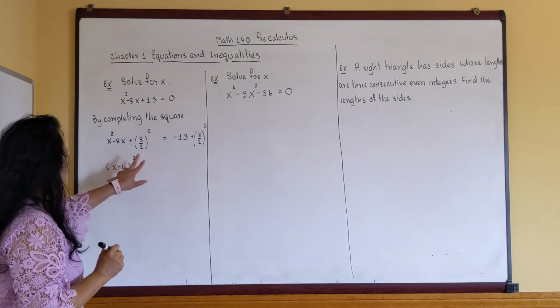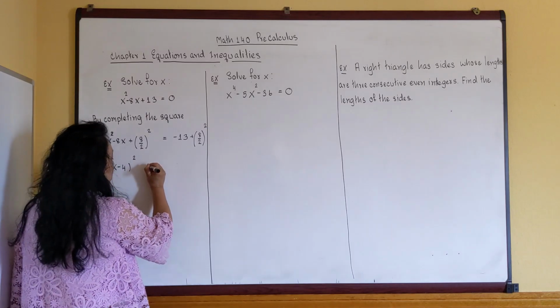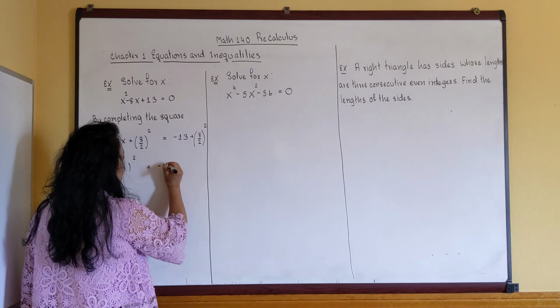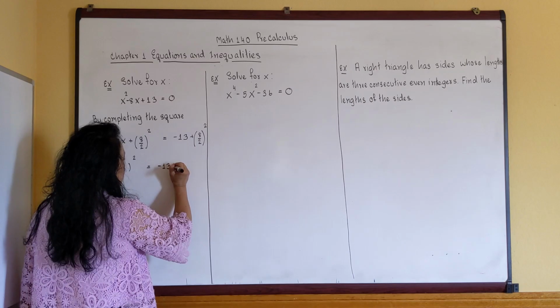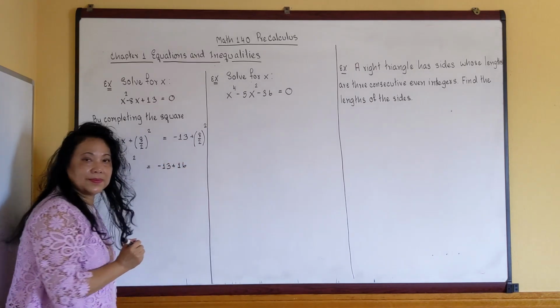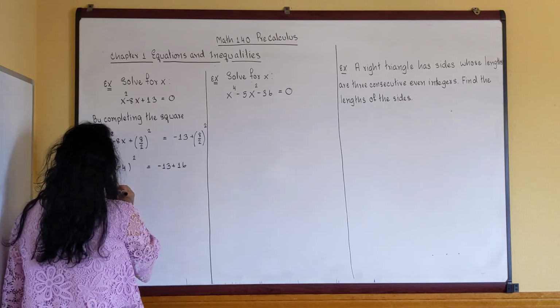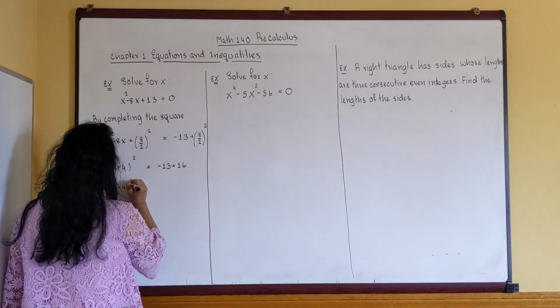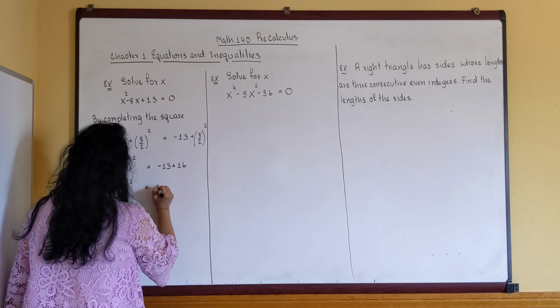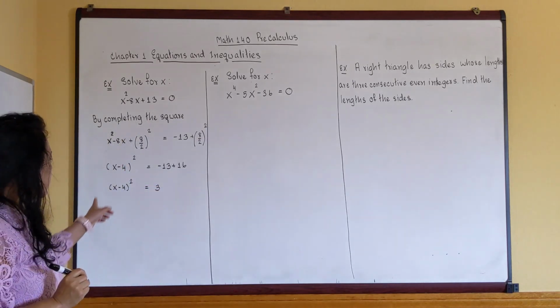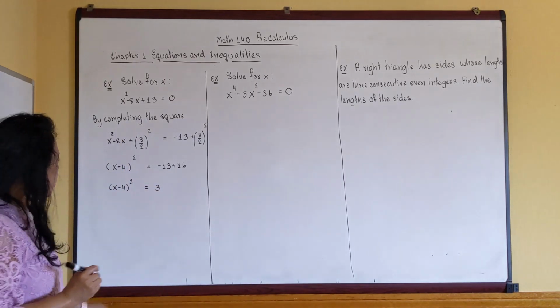You can check it, alright. So on the right hand side, I'm going to have 13, 4 squared is 16. Now I have x minus 4, quantity squared, equal to 3. Then I'm going to take the root of both sides.